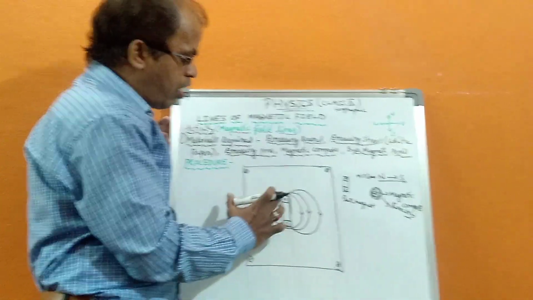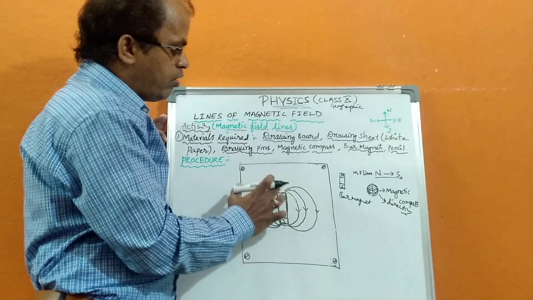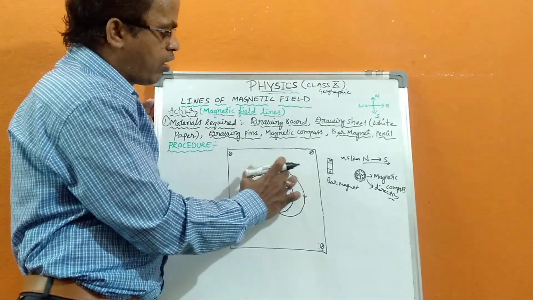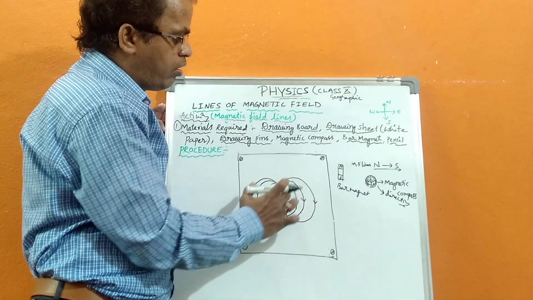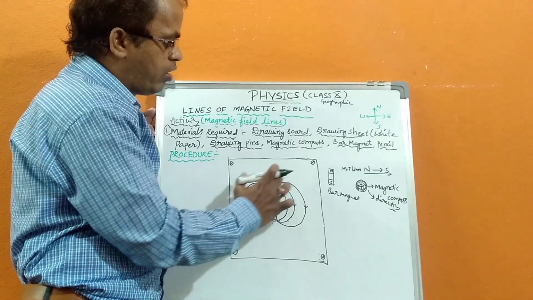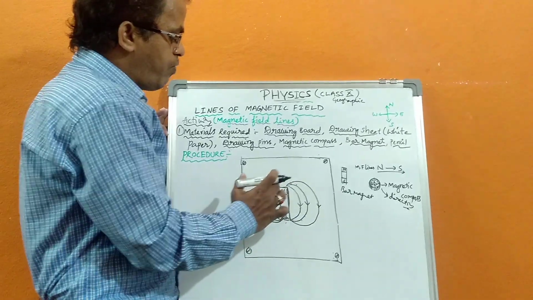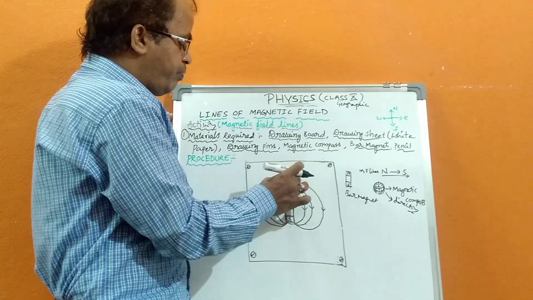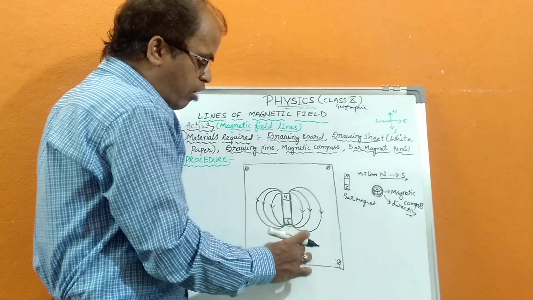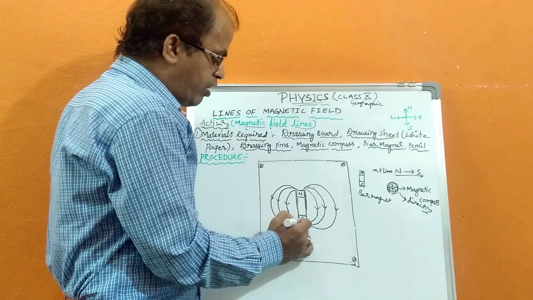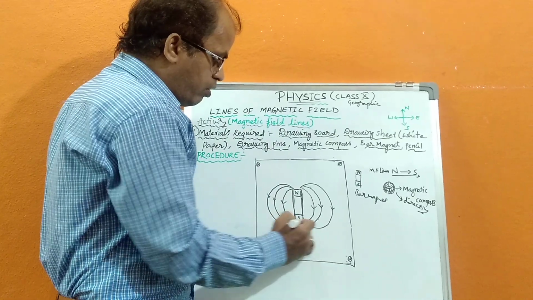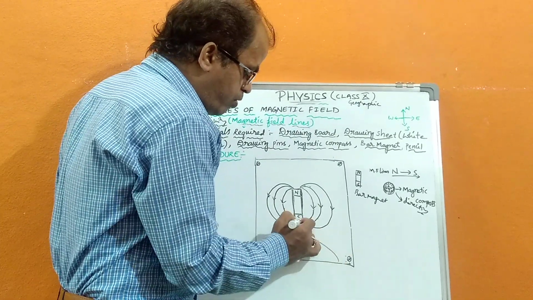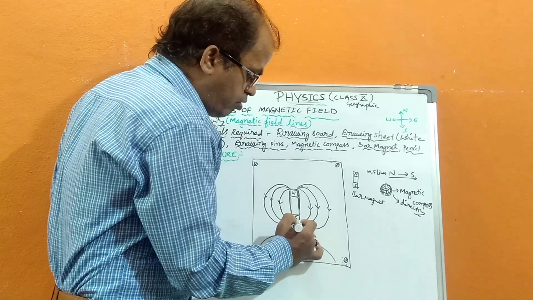So from north to south we connect the dots, we get curved lines. The same way we place the magnetic compass above the north pole and below the north pole. There we can observe we get this type of lines.